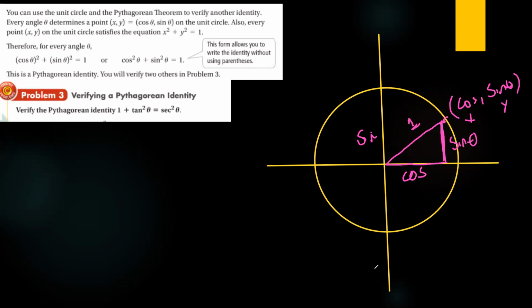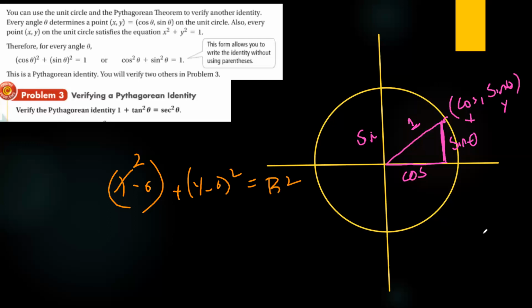And we remember from our previous lessons that if I want to write the equation of the circle, I have to say x minus 0 squared plus y minus 0 squared equals the radius squared. Now where is x? It is cosine. And where is y?